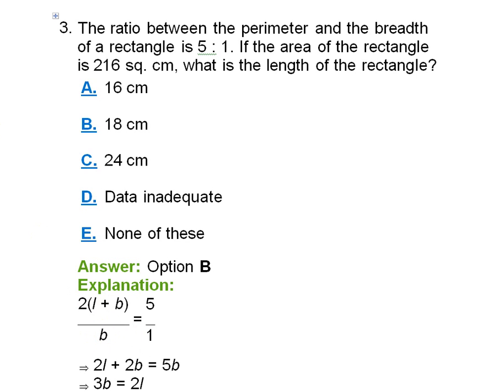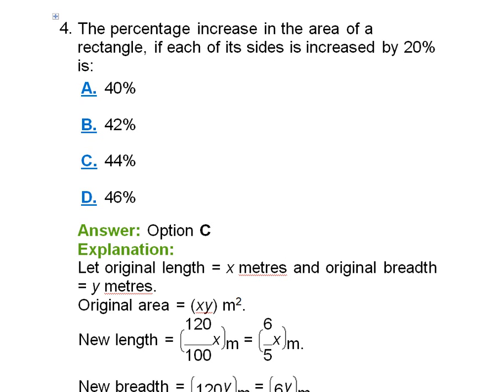The percentage increase in the area of a rectangle if each of its sides is increased by 20%. So let the original length be x meters and the original breadth be y meters. The original area would be xy meter square. This is just like the question we did before. It also talks about percentage, so we will assume it as 100.